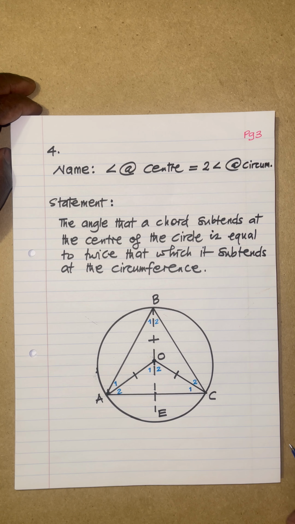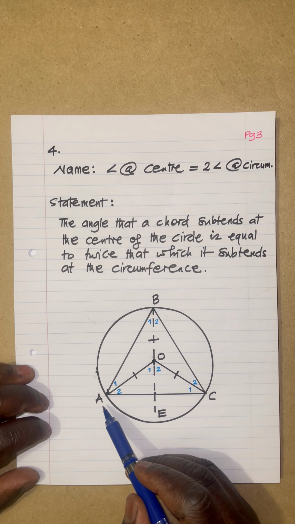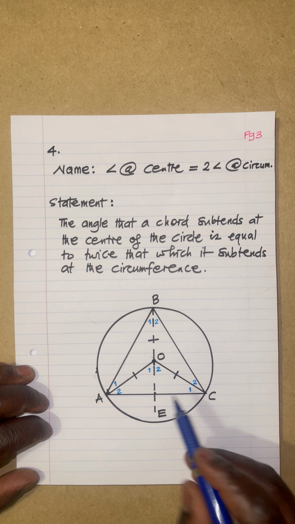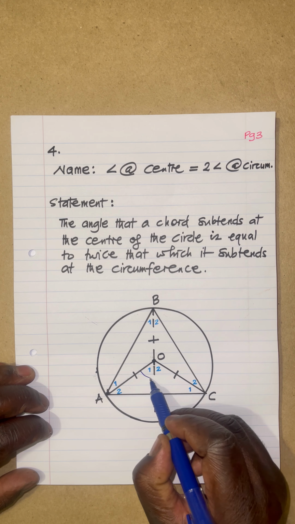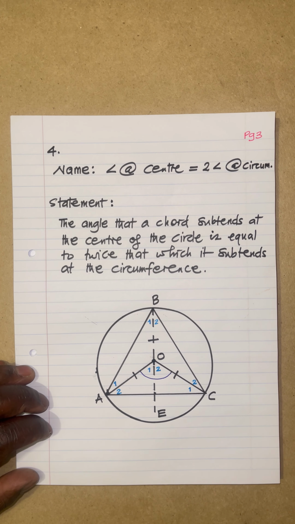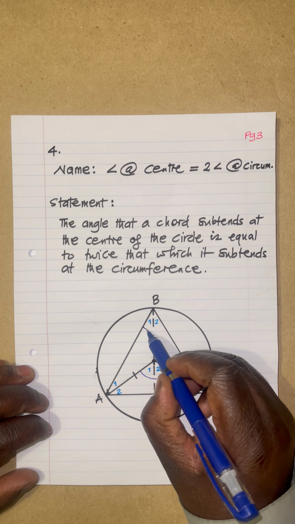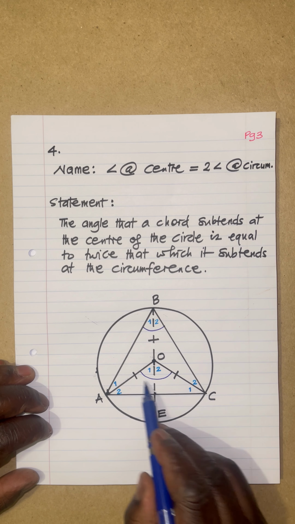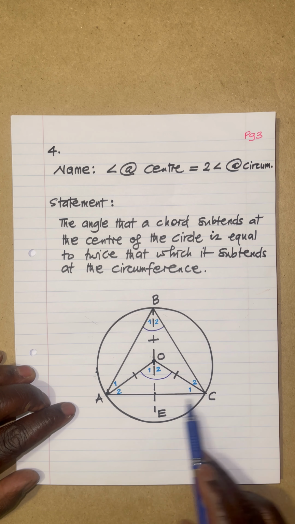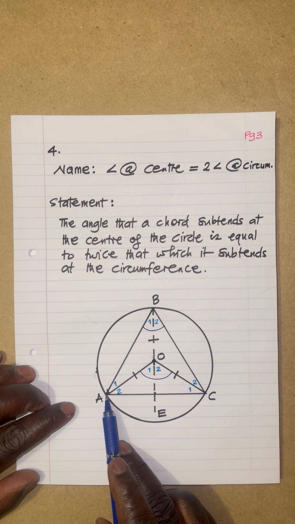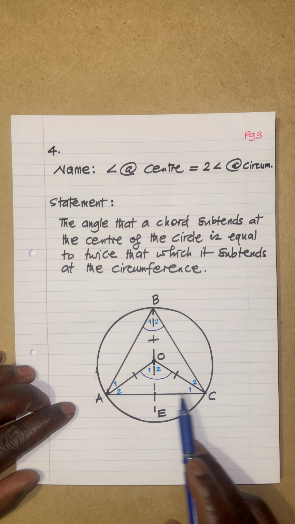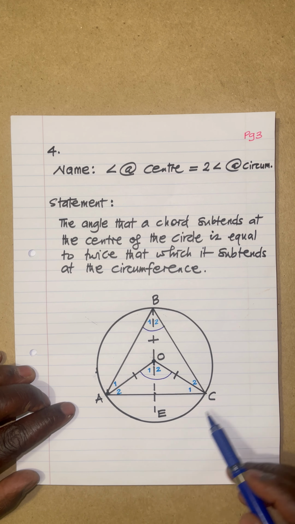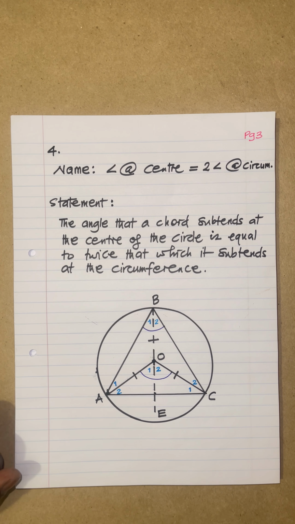We need to show that angle AOC is twice that angle there. This angle at the center is subtended by a chord AC or by arc AC, and it must be twice the angle that the same chord or arc subtends at the circumference.